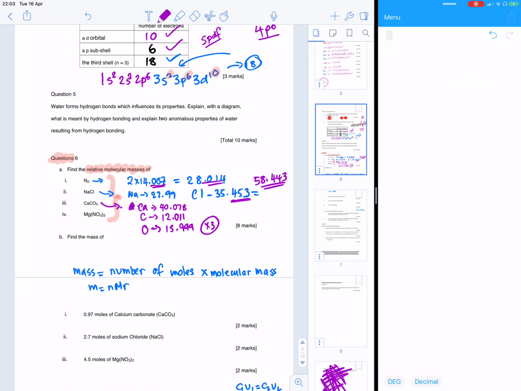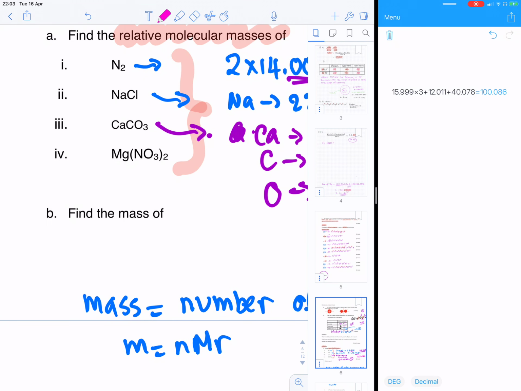Okay, so 15.999 times 3 will give us that, plus 12.011, give me that, plus 40.078, which gives us 100. So the answer to this one is 100.086.